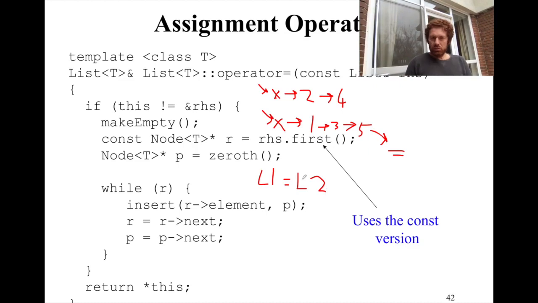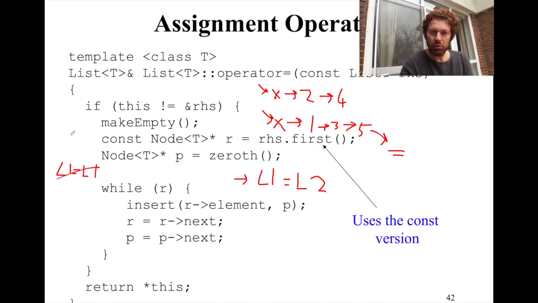So I start, first of all, by checking: is this equal to the right hand side? Maybe the user is foolish enough to call L1 equal to L1. Then the right hand side is L1, this is currently L1, they are equal, so do nothing because L1 is already L1. Otherwise, the right hand side L2 is different, so make L1 empty.